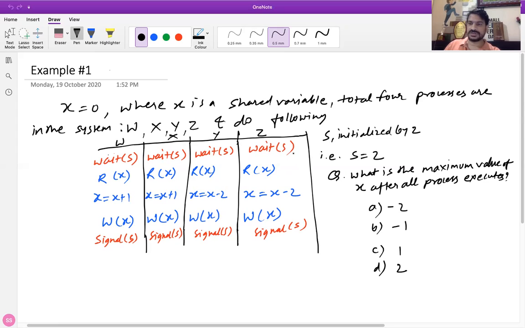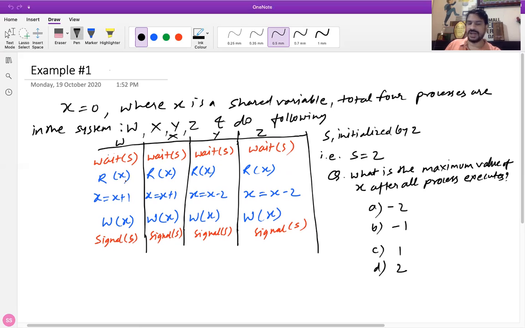And what is Z doing? Z is also reading the value of x, decrementing it by 2, and writing the value of x into the system, right? Because we are using semaphore, we have to use these two methods, wait and signal. So I'm writing the wait method and the signal method in every process, because it is a critical section, right?